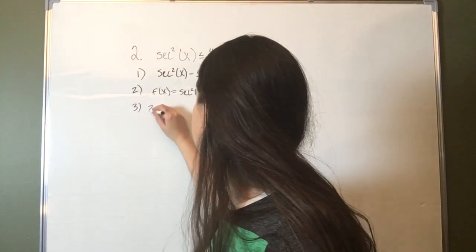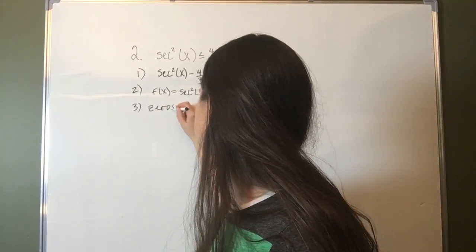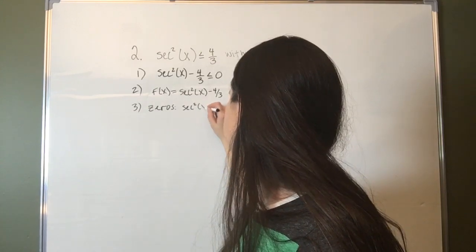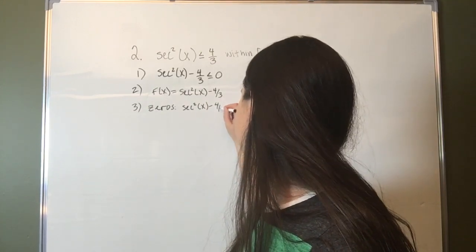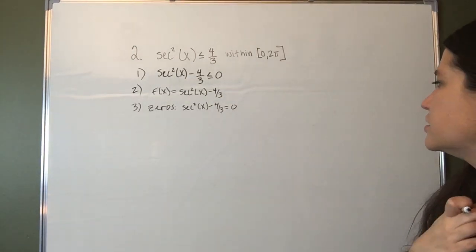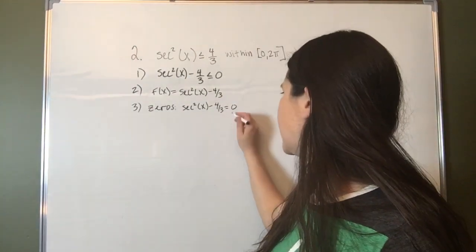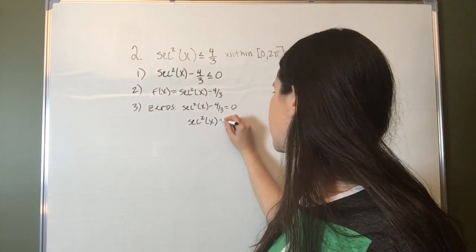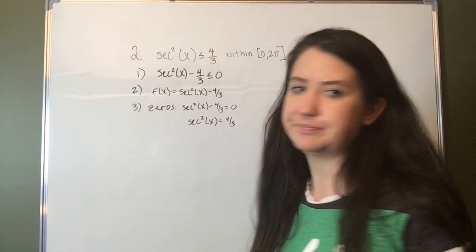All right, so the zeros, we're going to have to set this function equal to 0 and solve, right? So if we do that, we would add the 4/3 over. We would have secant squared has to equal 4/3.